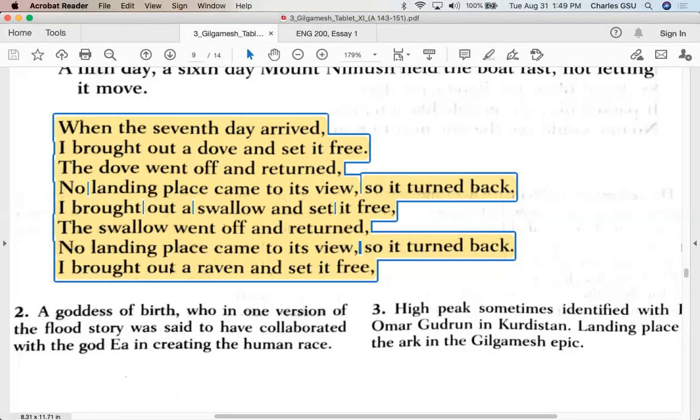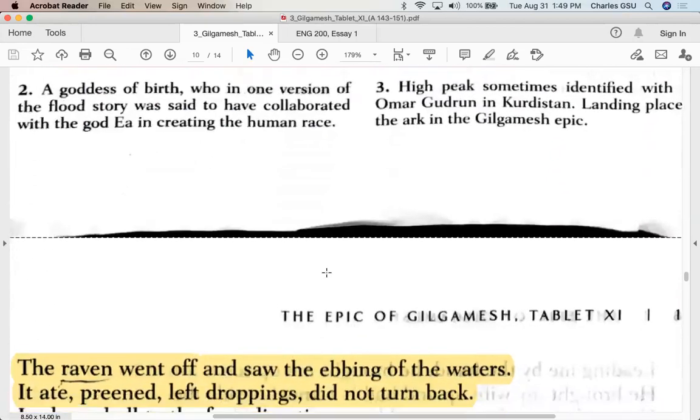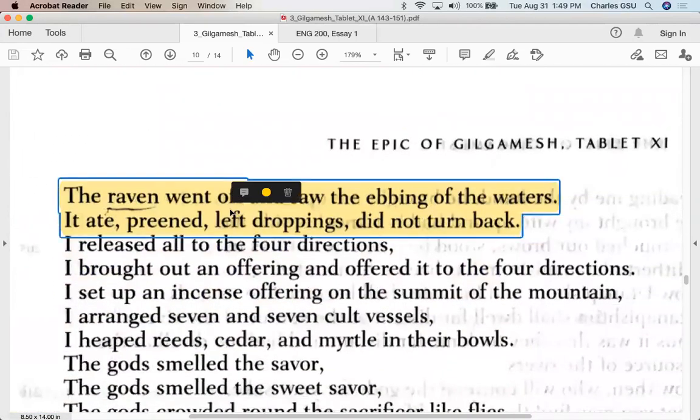And then I brought out a raven and set it free. The raven went off and saw the ebbing of the waters. It ate, preened, washed itself, left droppings, did not turn back. So that's how Uttanapishtim knows that, okay, there's land, right? Because it was able to eat and it found land, so it didn't need to come back to the boat.